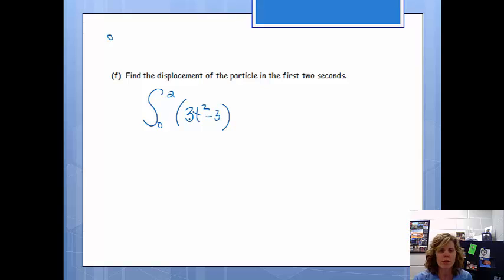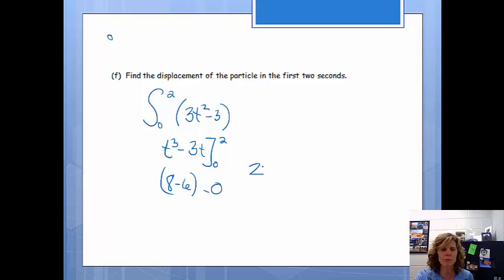And then when we do this, I'm going to do this non-calculator. I think I did most of the other part without my calculator. When we take the integral of 3t squared, we will get t cubed, minus the integral of 3, which is 3t. I will evaluate it at 0 and 2. So when I plug in 2, I'll get 8 minus 6. And then when I plug in 0, I'll get 0. So my displacement is 2. The particle has moved 2 units since it started in those first 2 seconds.